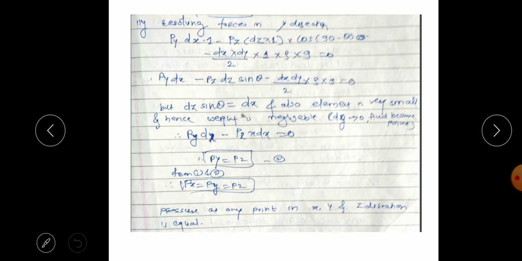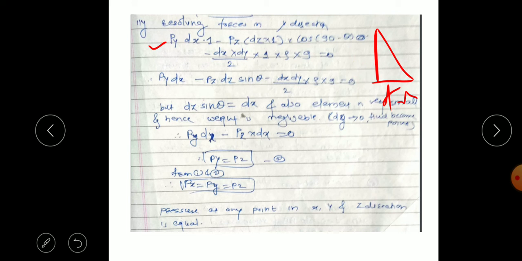So now resolving for the vertical y direction, py dx 1, pz dz 1 cos 90 minus theta, and this weight. This side is dx, this side is dy. So dx into dy upon 2 is the area of the triangle and 1 is the width. So the weight is dx dy by 2 into 1 into rho g.